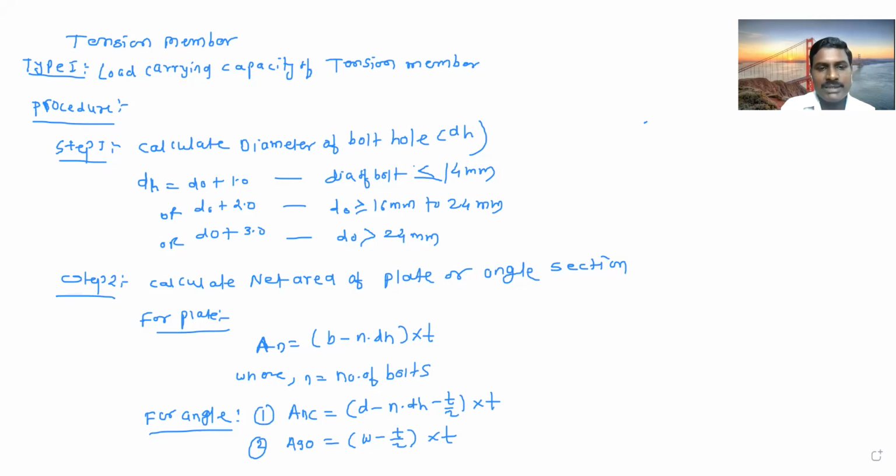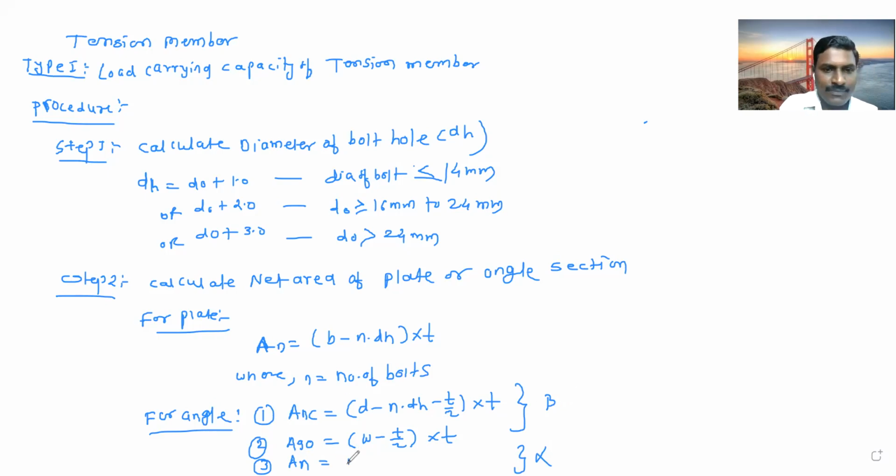And one more formula is there, An. This is for the beta formula and this is for alpha. When we use the alpha formula, it is An, and when we use the beta formula, it is Anc and Ago.